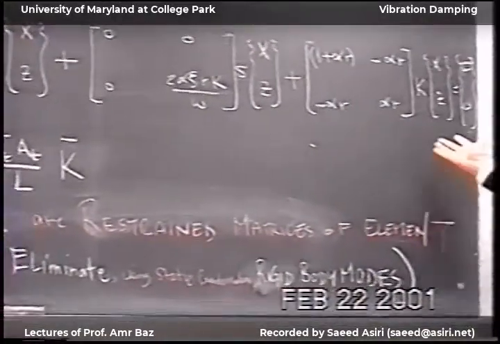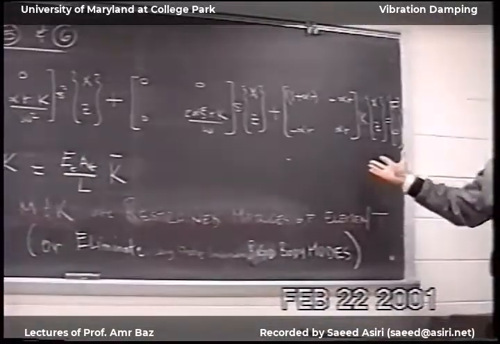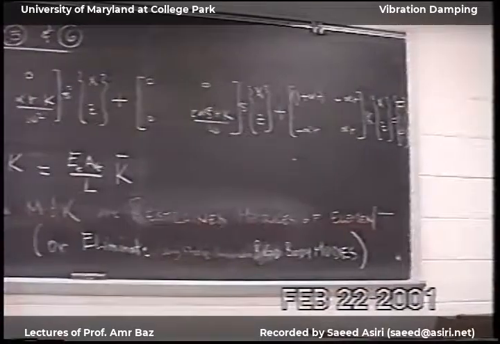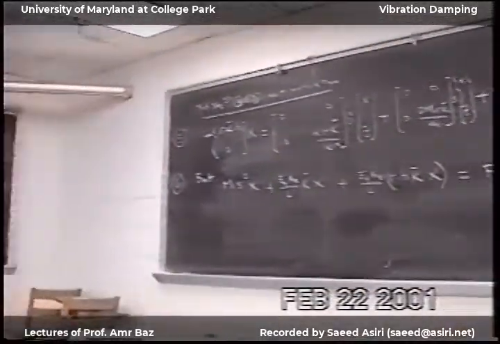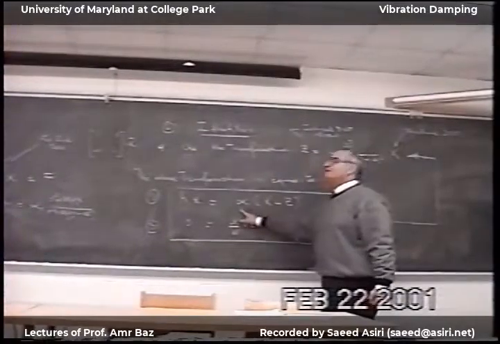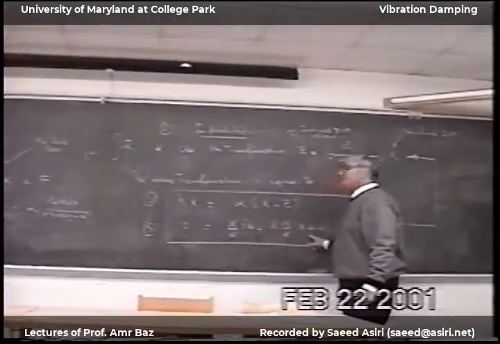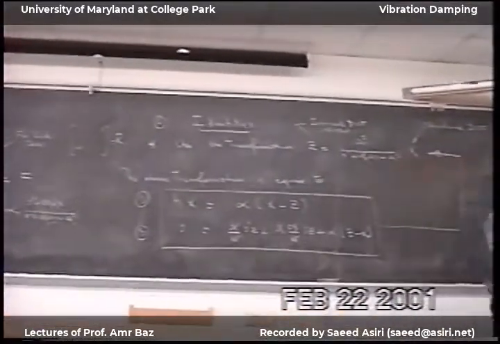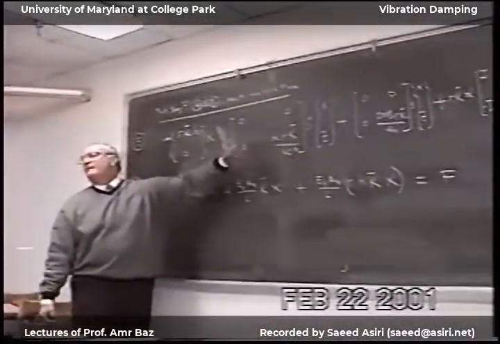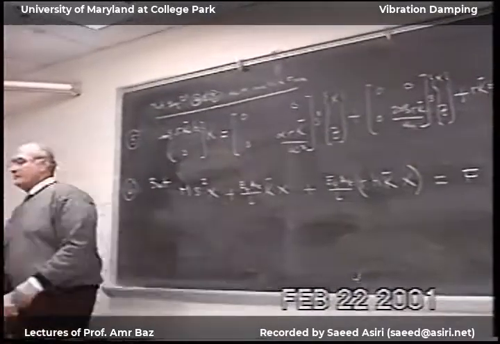We can program this and look at the response of the structure. If I have many of these, I'll have several of the alphas, several of these, and then I'll have summations, as we've done in the previous classes.